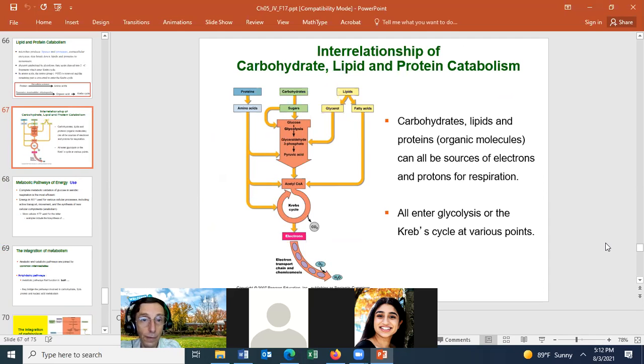This graph is showing you the interrelationship of carbohydrate, lipid, and protein catabolism. So proteins will be broken down into amino acids. Let me blow this up.